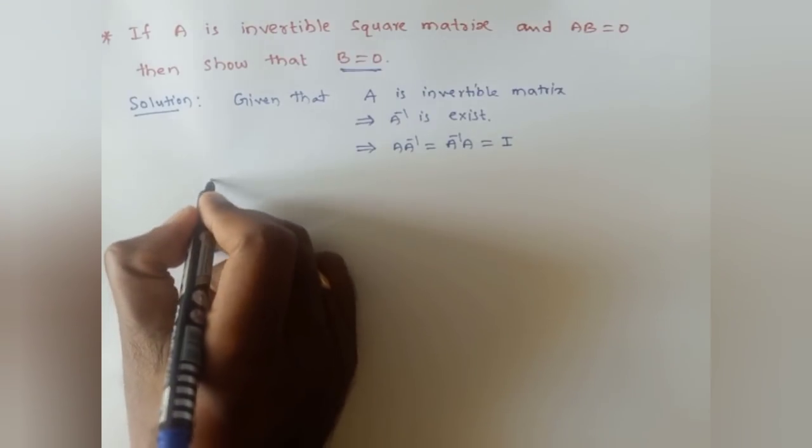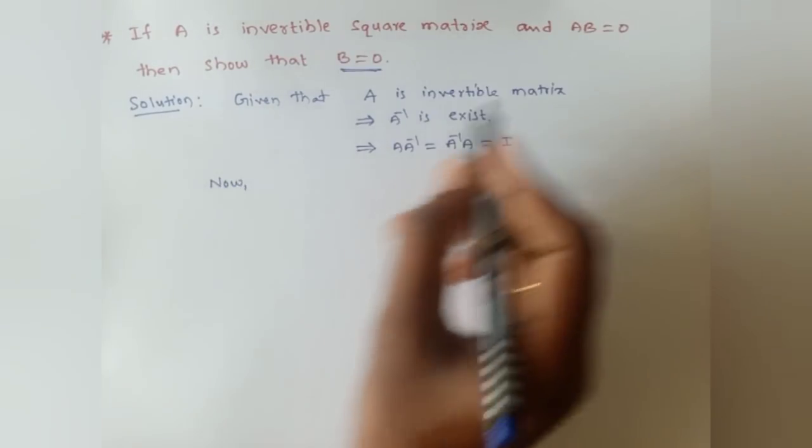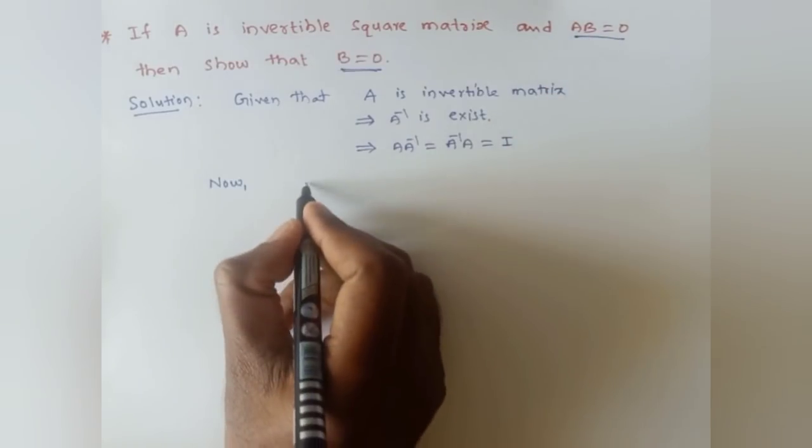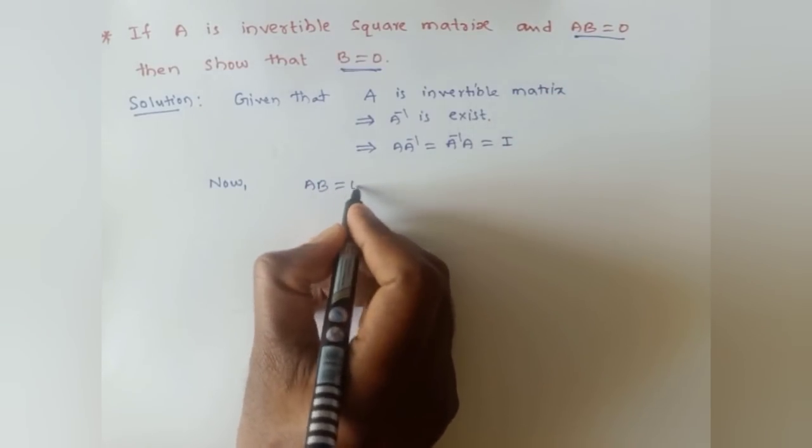Now what we have to show is, one more condition is given, AB equals 0.